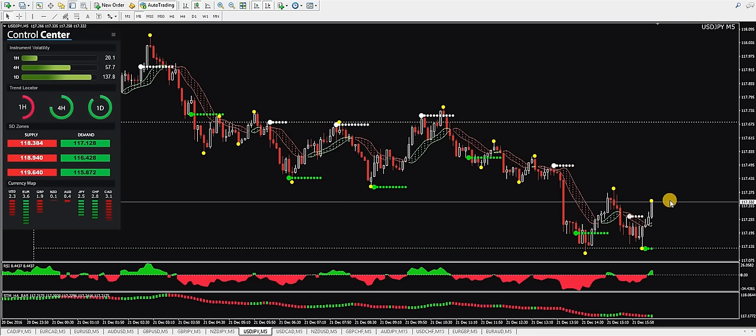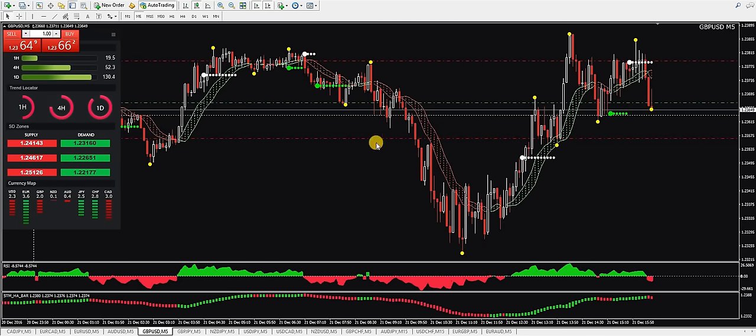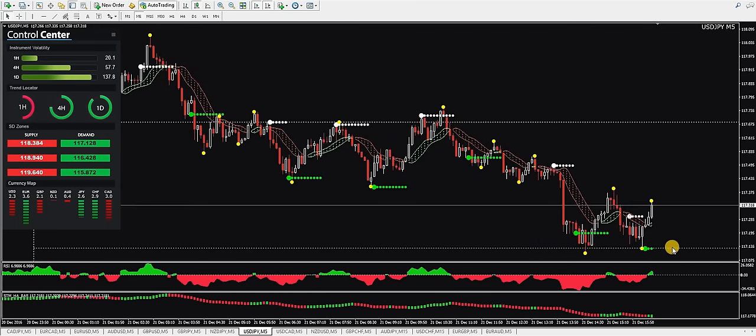And one good thing that this trade had going for it is our 1 hour volatility is at 20.1. Whereas back here on our trade, you can see here it's at 19.5. So just a little bit higher. But this would have also been a great trade to take.